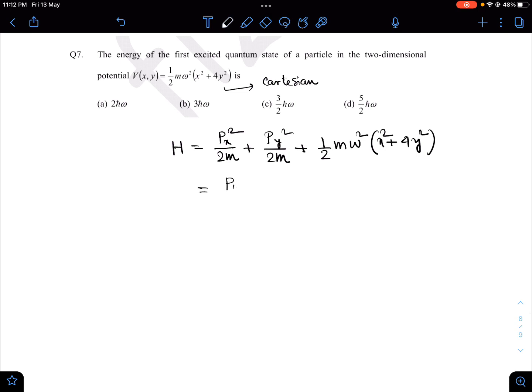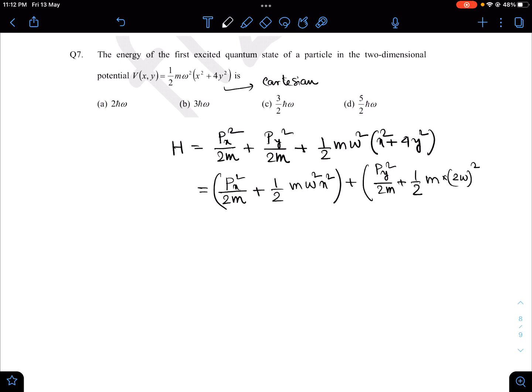Let us write this in a nicer way. It will be px squared by 2m plus half m omega squared x squared, and another term will be py squared by 2m plus half m (2 omega) squared y squared.